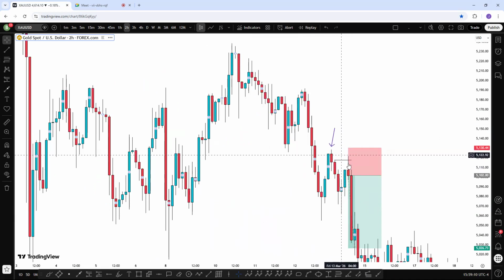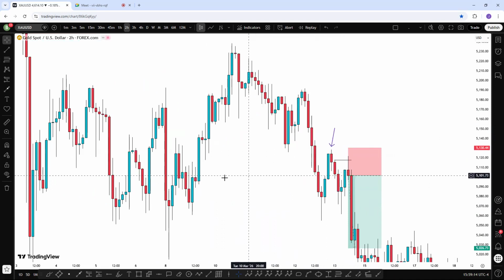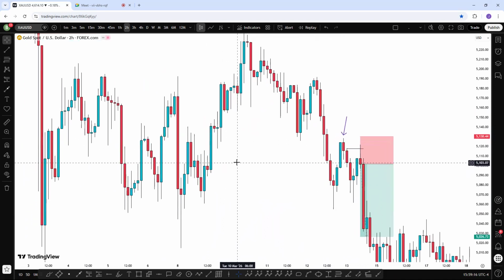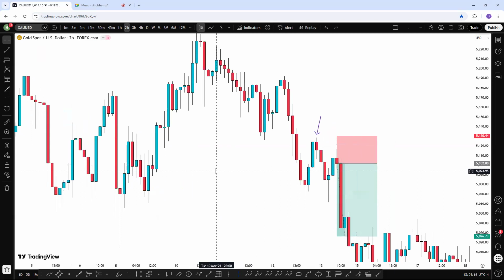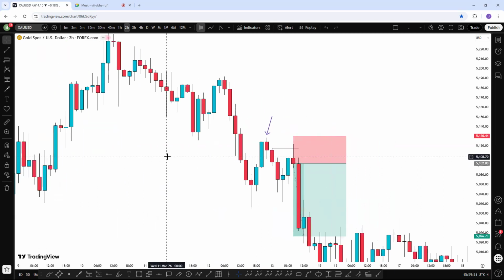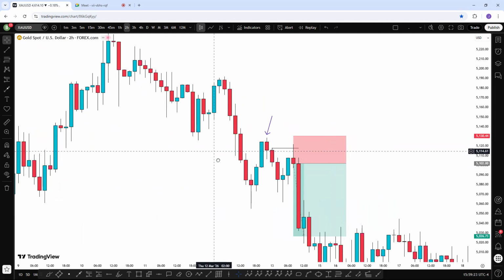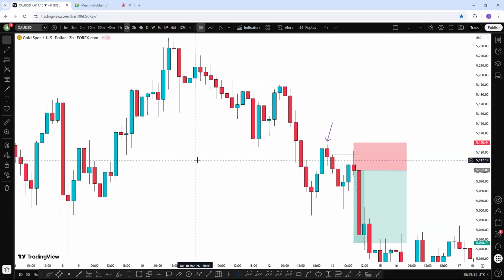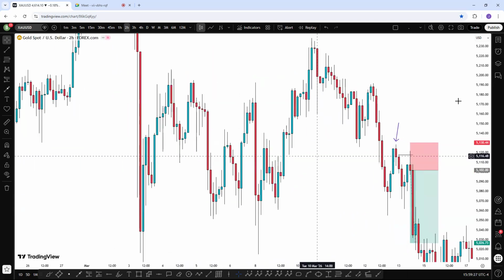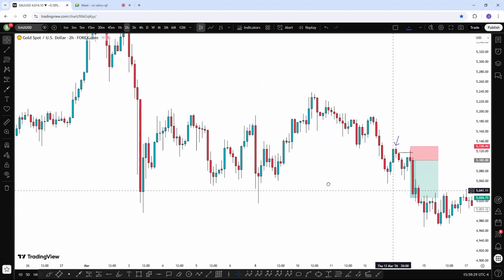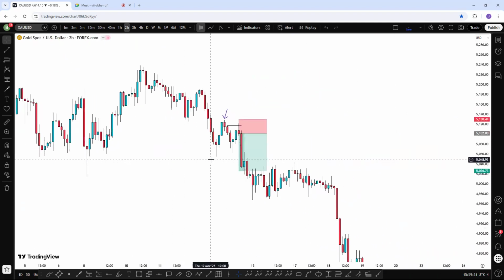This is an HS setup, high confluence setup. Hope it's clear. As long as you are able to see it, it's not a big deal if you understand how to mark manipulation.